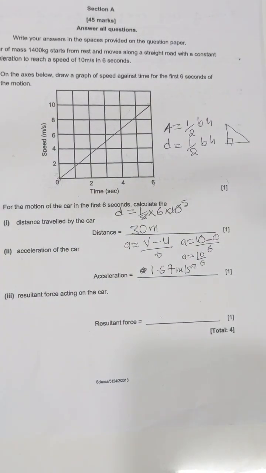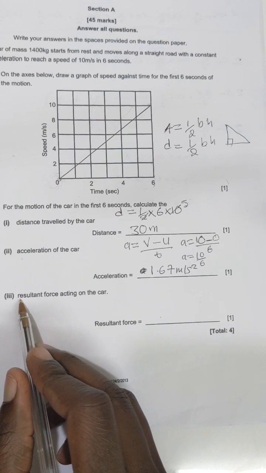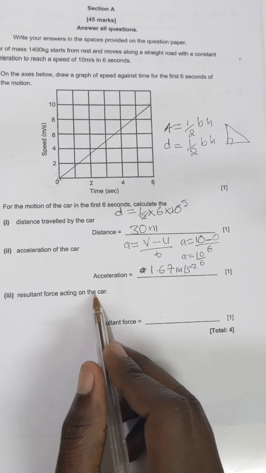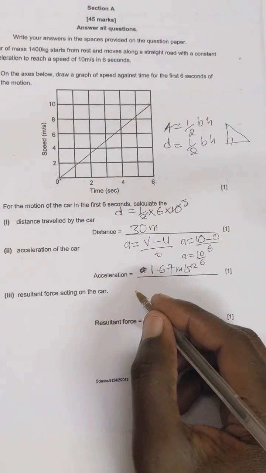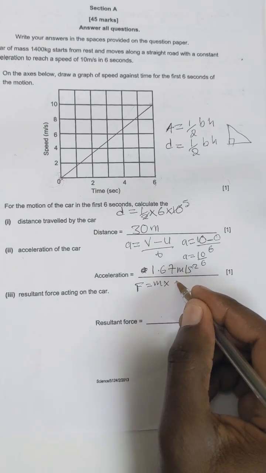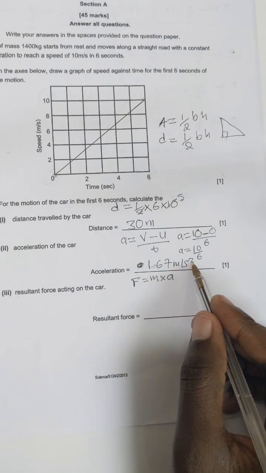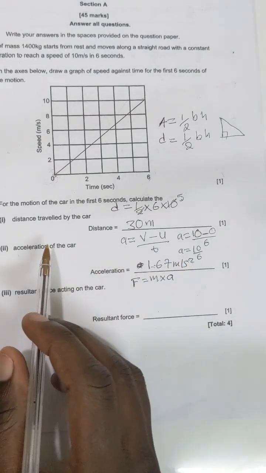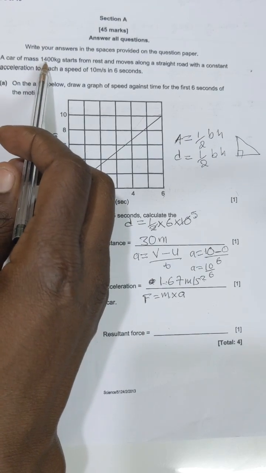All right, the other question is, what is the resultant force acting on the car? You know that the formula for force is mass times acceleration. We have the acceleration, and we have the mass of the car, which is 1,400.